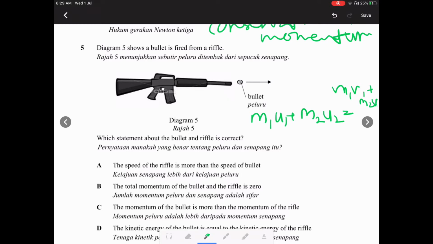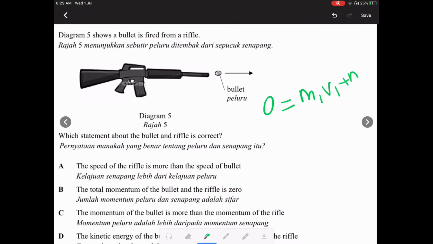Jadi M1U1 ni semua adalah kosong. M1V1 tambah M2V2.